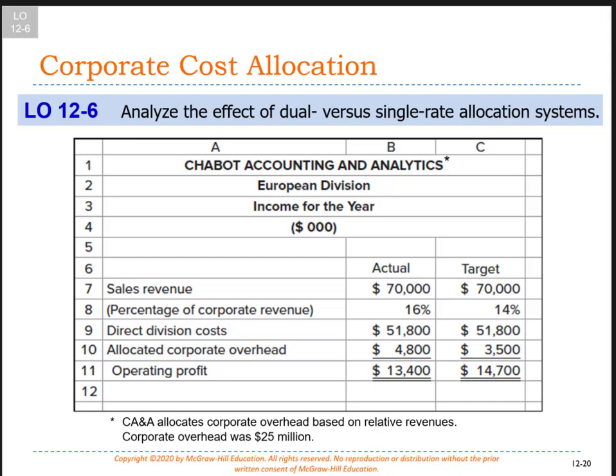You have 4,800 allocated instead of 3,500. And that can feel very discouraging if it means that your evaluation doesn't reflect how well you did.